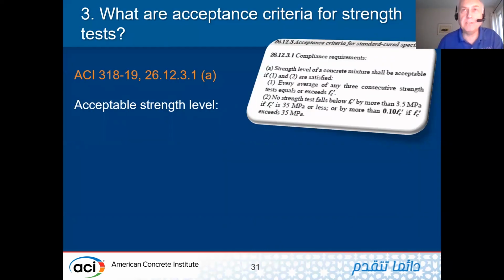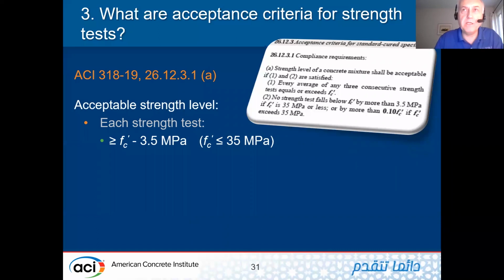Okay, and that brings us to acceptance criteria. And that is, again, in chapter 26. And we find that each strength test, at least for concrete with a specified strength of 35 MPa or less, has to be equal to or greater than the specified strength less 3.5 MPa.